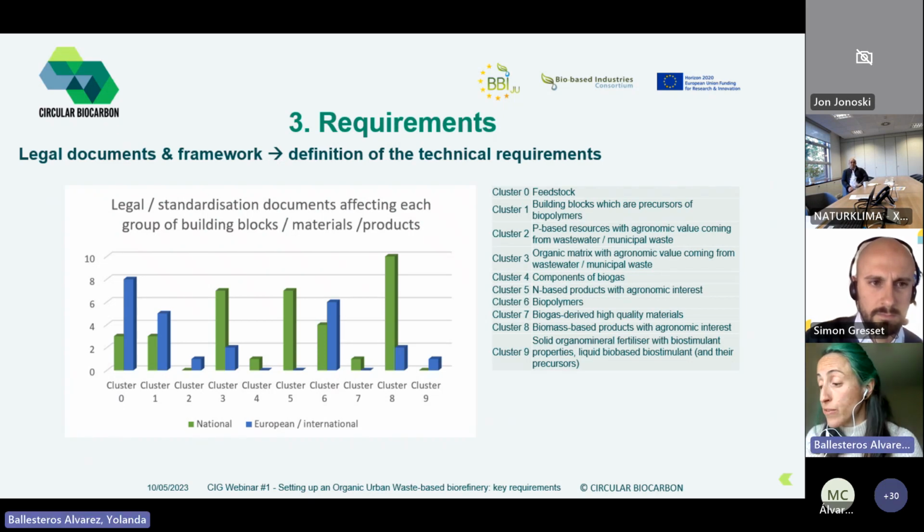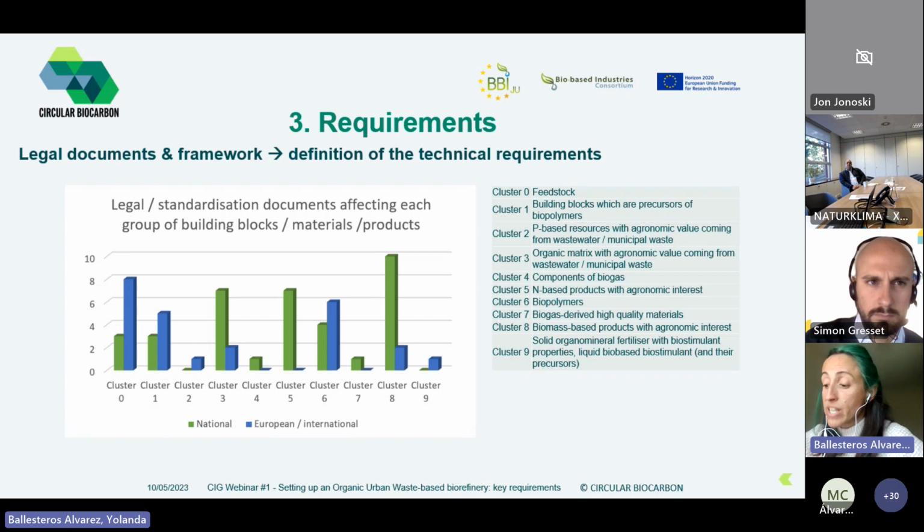Particular conclusions derived from the analysis of the information gathered through the questionnaire I have just explained are out of the scope of this webinar, but as an example, for the case of the feedstock, we have 7 European documents affecting this input, related to, for example, hazardous waste, animal by-products not intended for human consumption, protection of the soil, geological storage of carbon dioxide, pollutant release and transfer, environmental liability, or fertilizing products.